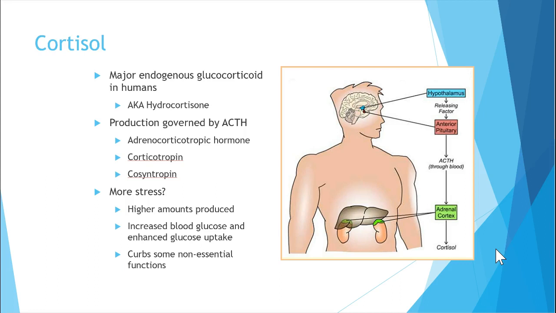It's a natural thing that's released during a flight or fight type response, and it's responsible for a lot of different things in the body. A little bit of cortisol is good, a lot of cortisol is bad. That's the rule of thumb, just like with anything really. If you're constantly exposed to high stress environments, cortisol can take its toll on the body, but it's helpful in small amounts for those stressful periods of time we might go through.